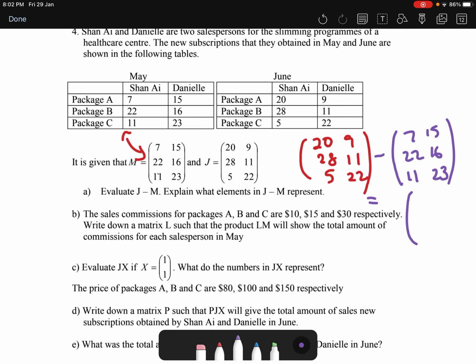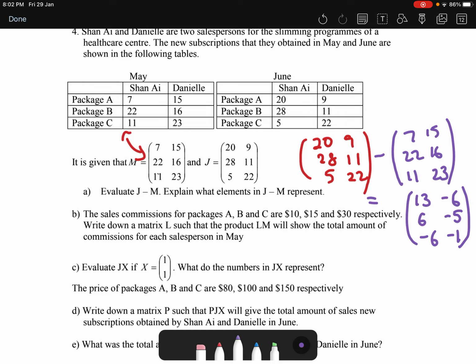So 20 minus 7 is 13, 9 minus 15 is negative 6, 28 minus 22 is 6, 11 minus 16 is negative 5, 5 minus 11 is negative 6, and 22 minus 23 is negative 1. So we have evaluated J minus M already.